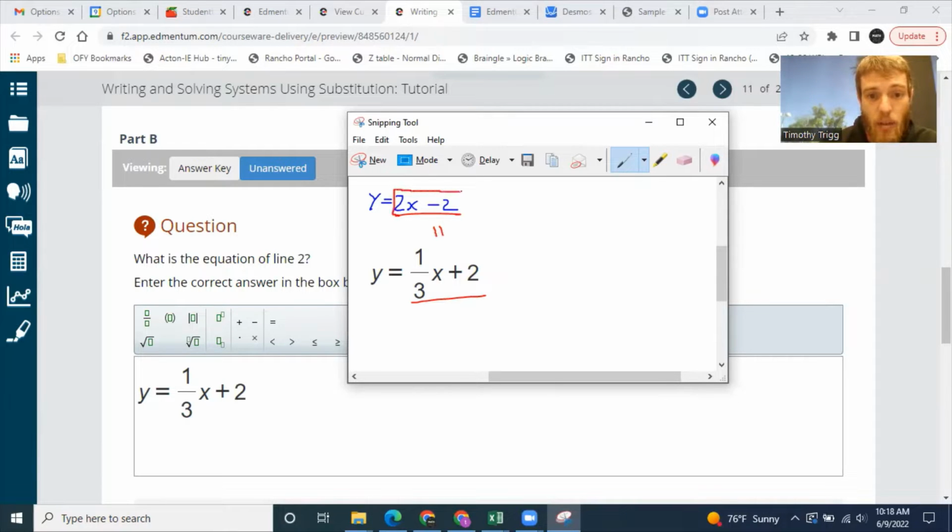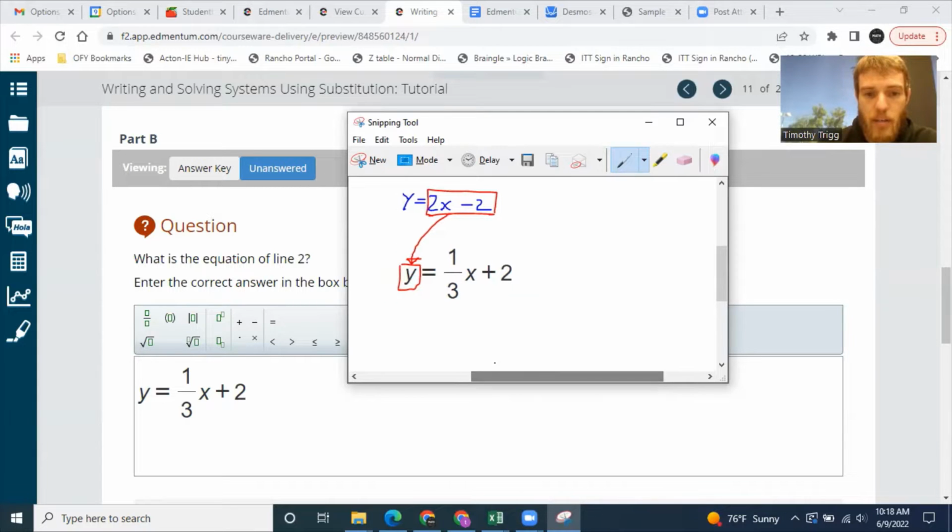I'm taking this value of y, because y equals this, and I'm replacing this y with what y equals. Hopefully that sort of makes sense. I'm replacing this y in the second equation with the value of y from the first equation using substitution.